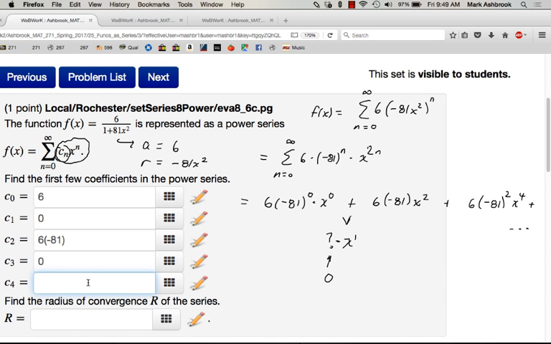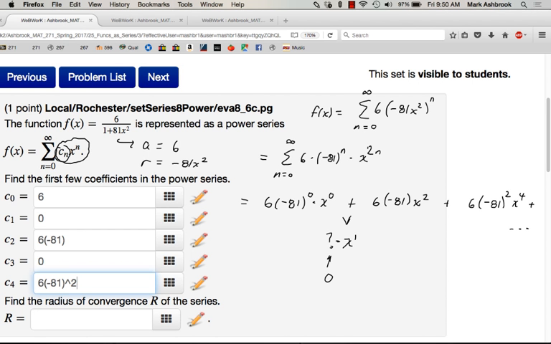Okay, so C4, that's the coefficient of x to the 4th that's going to reproduce this sum. 6 times negative 81 squared. All right, so what coefficients of the general form of the power series are going to reproduce our series? That's what we're saying. So each coefficient is just the corresponding coefficient of x to that power.